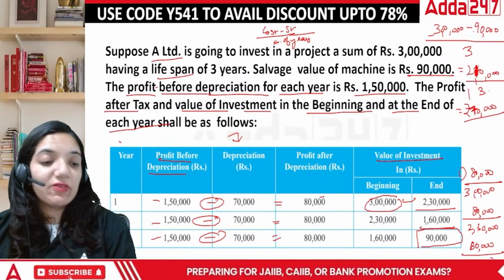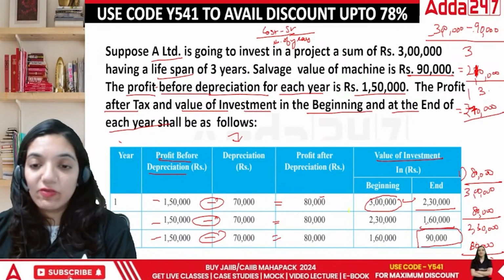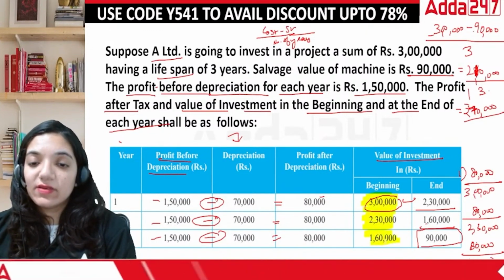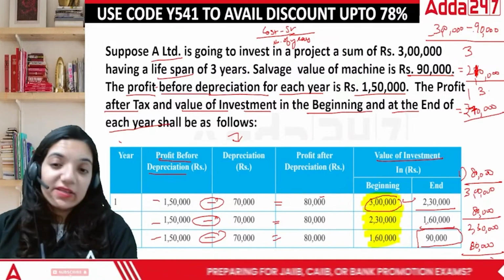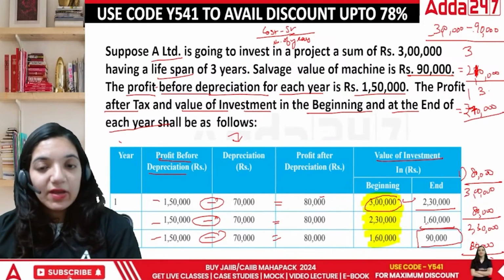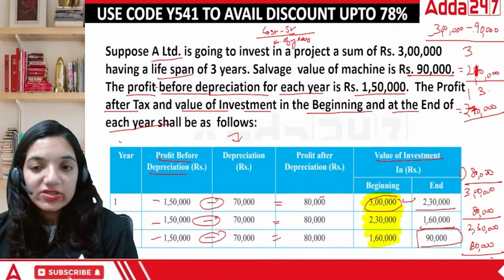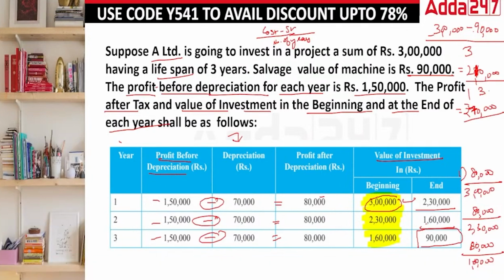What are they picking, everyone? They are picking the investment value in the beginning of each time that they're picking up. Beginning is 3 lakh, 2,30,000, and the last one is 1,60,000. Visible, everyone?